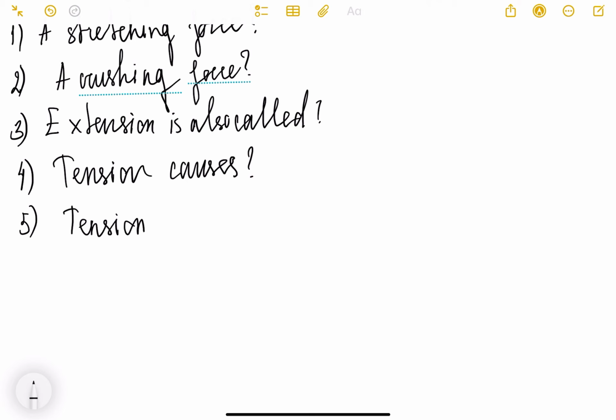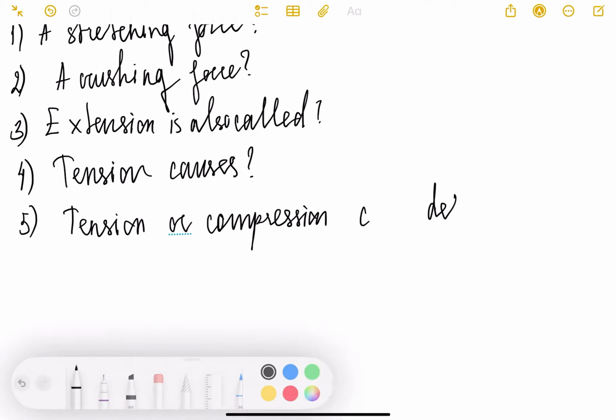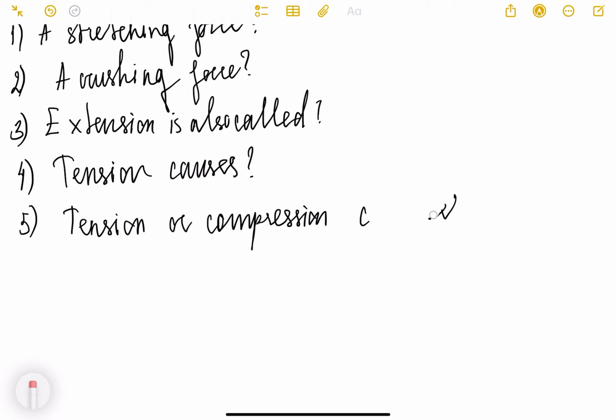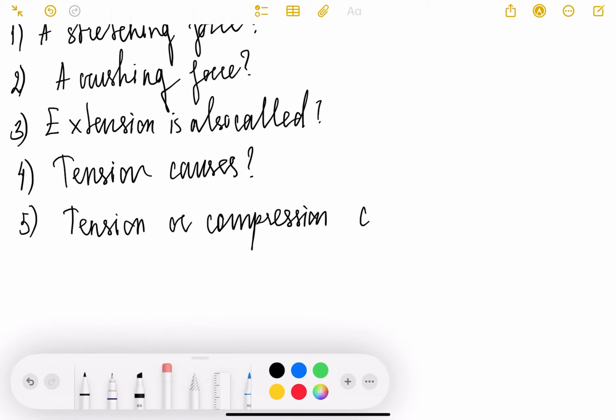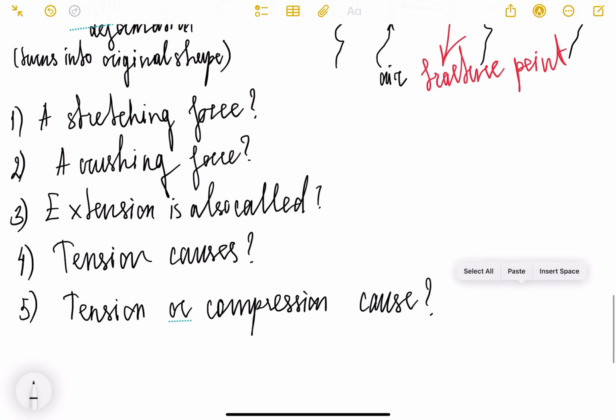Tension or compression causes... sorry, that was my bad. Stretching force.